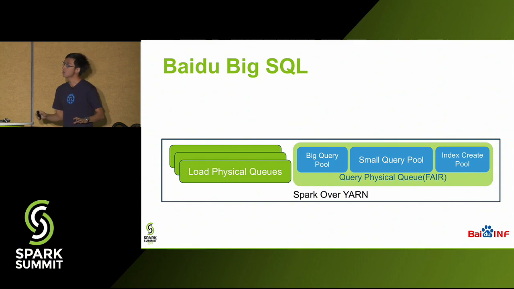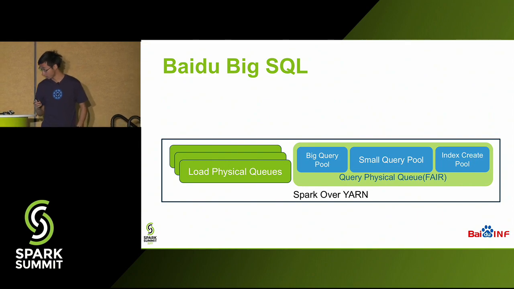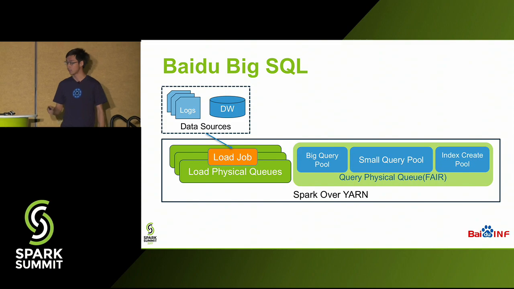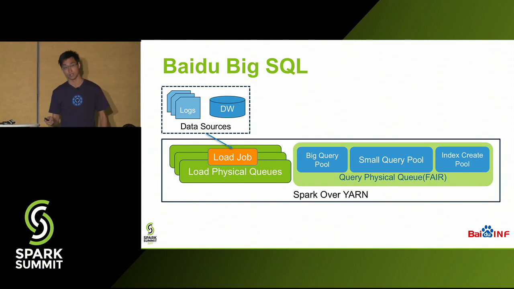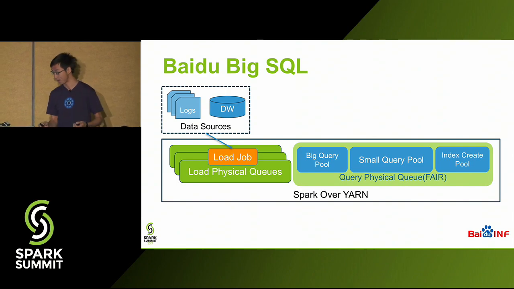Okay, in our environment, we divided our resource into several load query queues and one query physical queue. You can find that a load job runs on the load query queue, and it reads from many kinds of data sources like raw logs and our in-house DW.